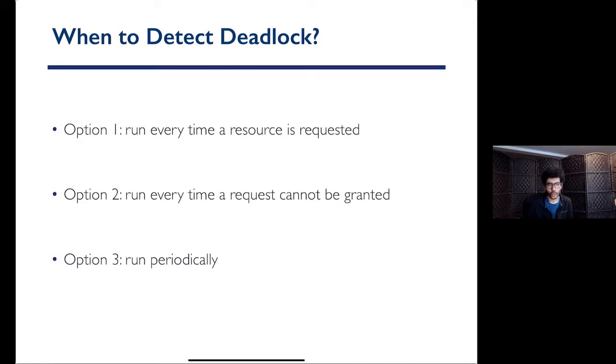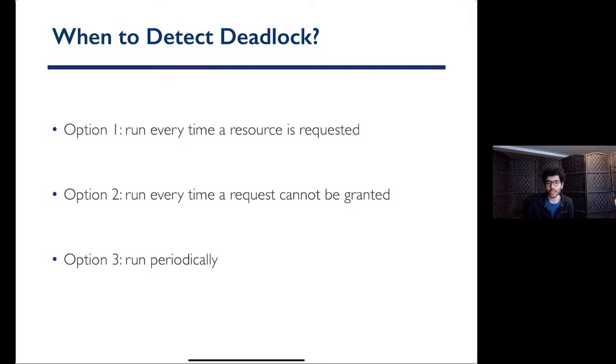So you don't probably need to run this algorithm every time a request is made. Just wait until a request is made that we cannot satisfy. Now, if a request is made and we cannot satisfy it, it doesn't mean that deadlock has happened, because it could be that I cannot satisfy your request now, but once one of the threads finish, then I will have resources to allocate to you.